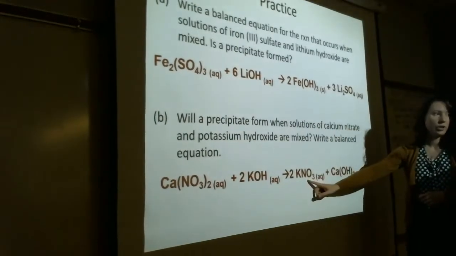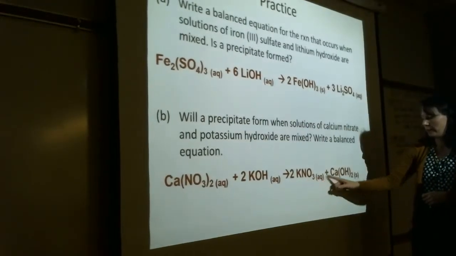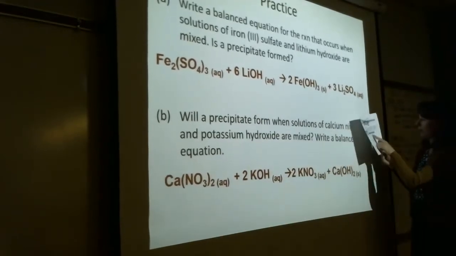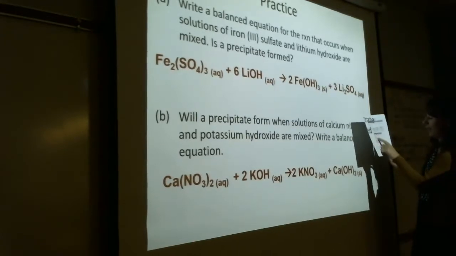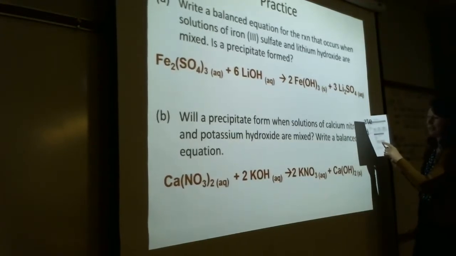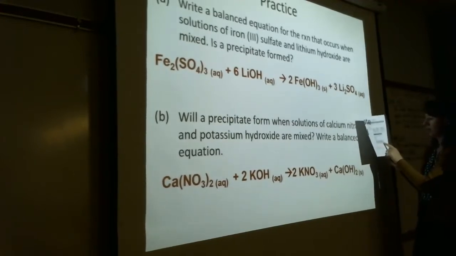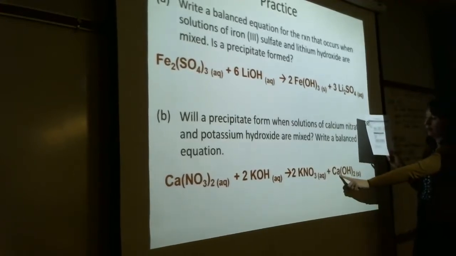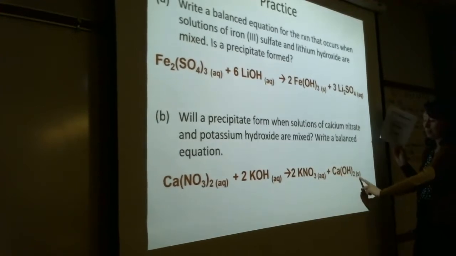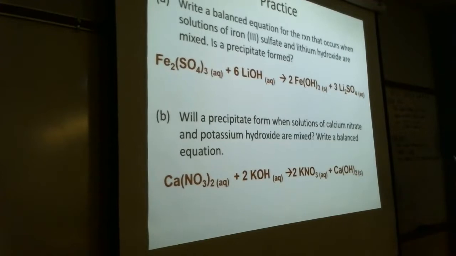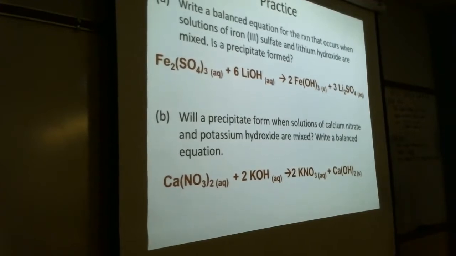All nitrates are soluble, so AQ. When you look at your hydroxides, again, it says most metal hydroxides are insoluble except alkali metals, that's group 1. Calcium's not in group 1, calcium's in group 2. Barium and strontium, no, calcium is not barium, calcium is not strontium. So it is insoluble, so you have an S for precipitate. So both of these reactions produce precipitates.